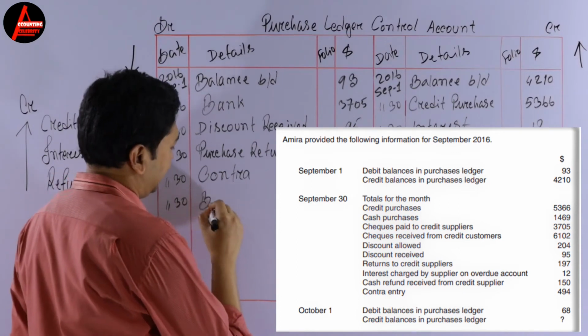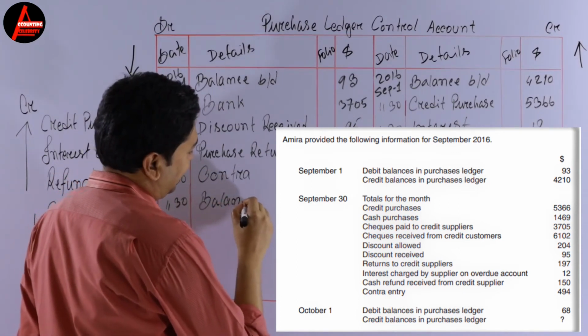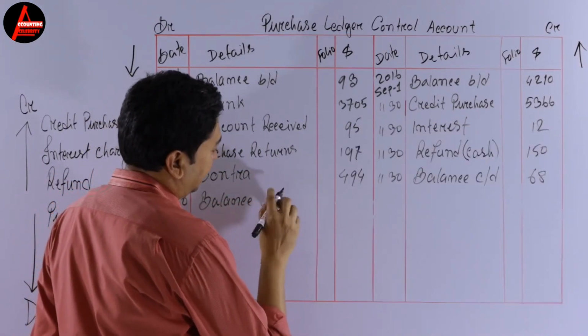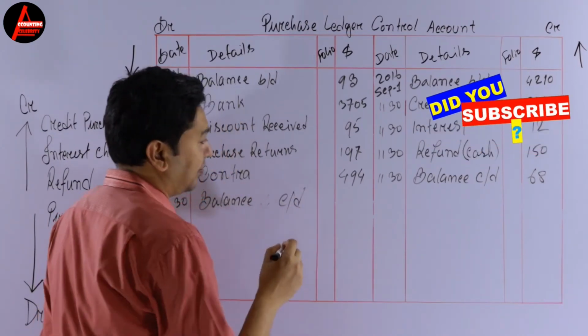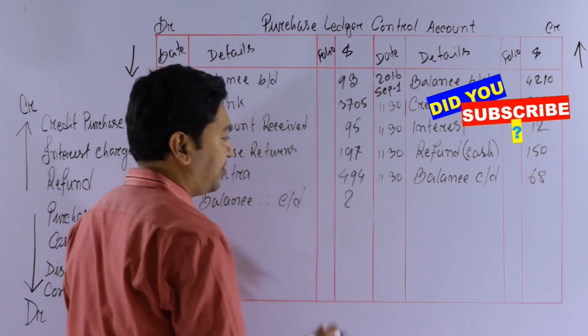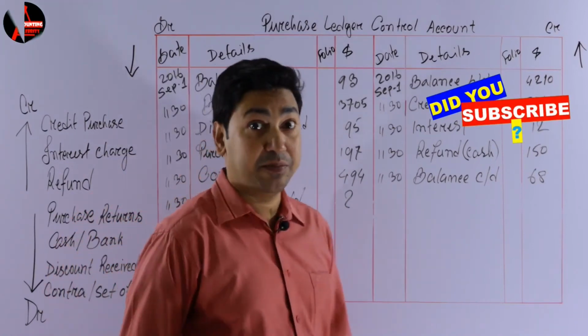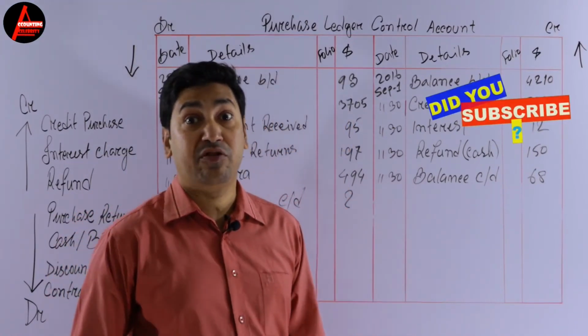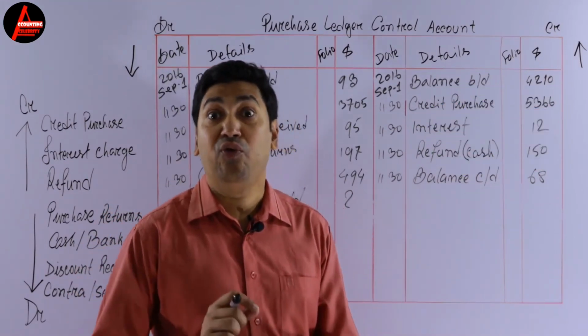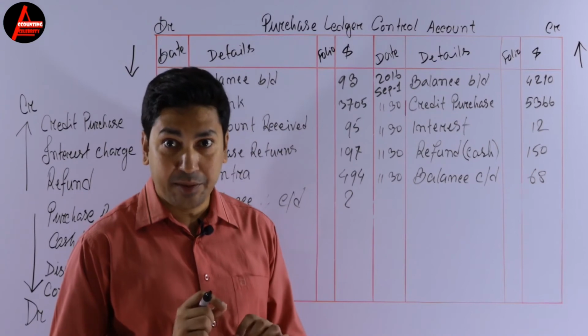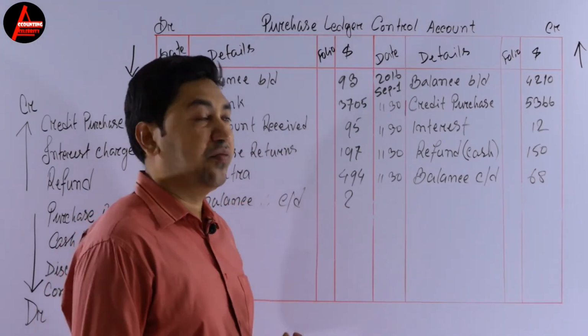So here balance CD, okay, which is a question mark. So I repeat, credit balance we have to record in the debit side, and debit balance we have to record in the credit side when it is a closing balance. Okay, now how to balance it?